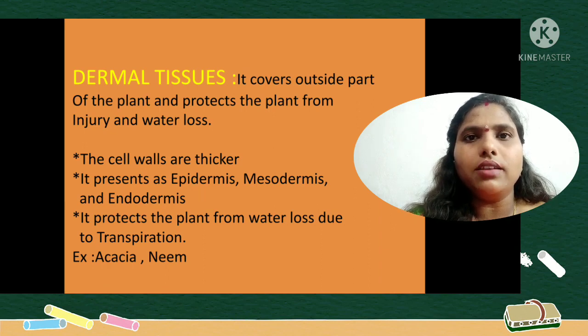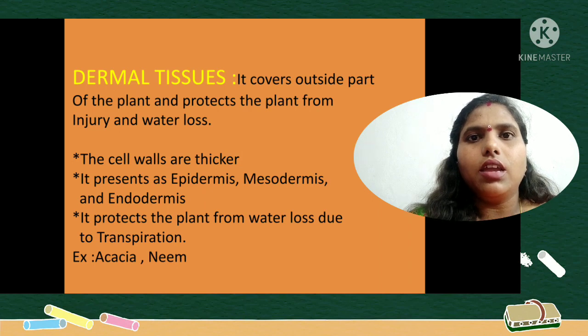It protects the plant from water loss and injury also. If you observe the cells in this tissue, the cell walls are thicker and it consists of 3 layers: epidermis, mesodermis and endodermis.